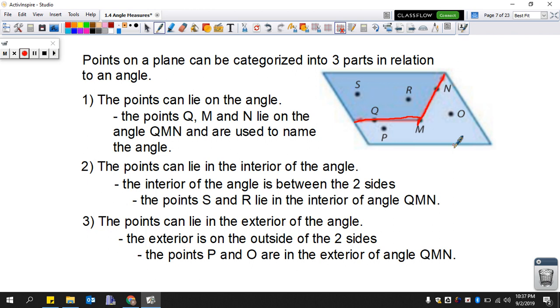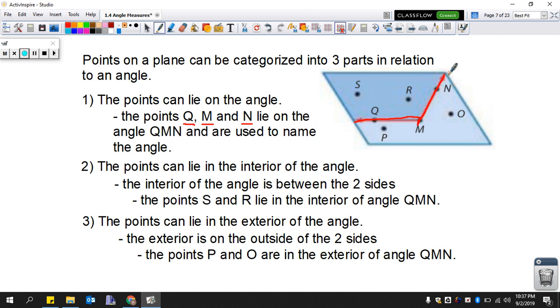And when we're talking about how the different points on the plane interact with that angle, the first obvious one is the points that are actually on the angle. In this case, points Q, M, and N actually lie on the angle itself, and that's what we use to name that angle, right?